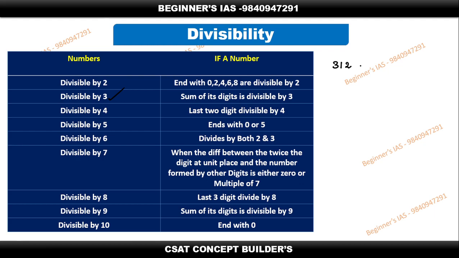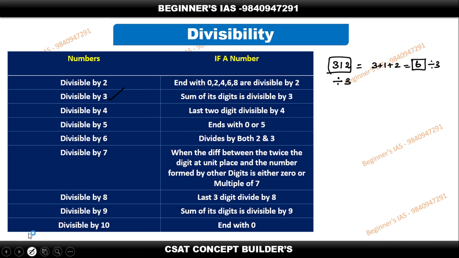Just add these digits: 3 plus 1 plus 2. What is the result? 6. If the result is divisible by 3, then the given number 312 is divisible by 3. Whatever the number of digits, apply this logic so that you can know whether the given number is divisible by 3 or not.